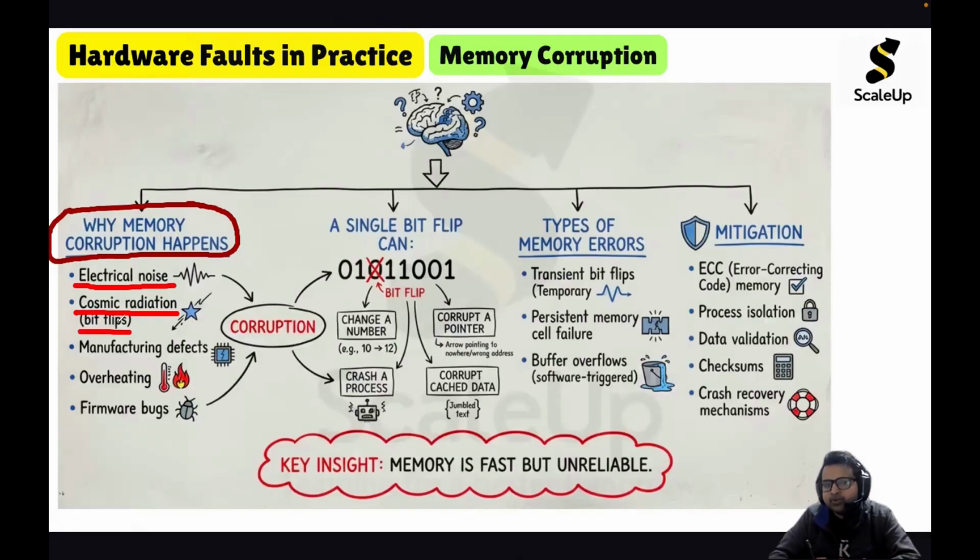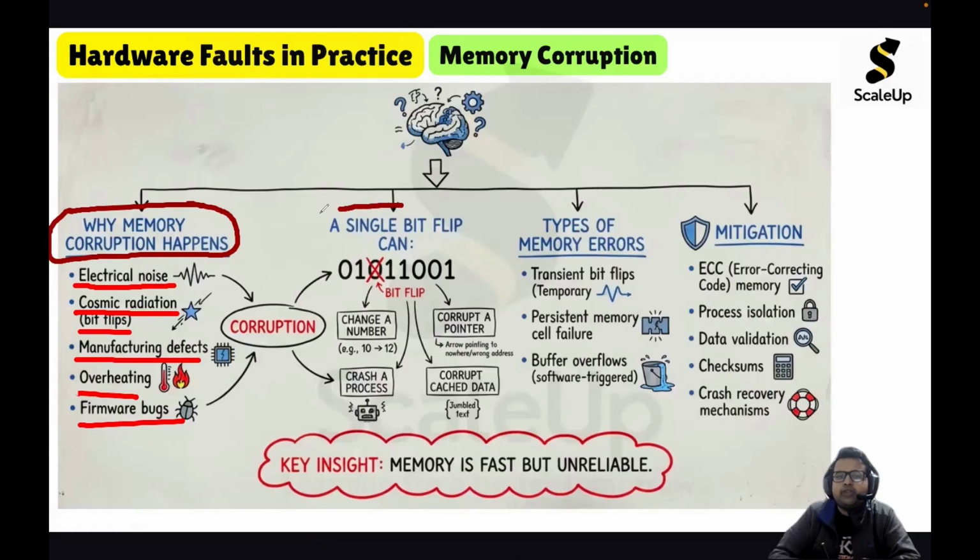We call that bit flips. Memory corruption might also happen because of manufacturing defects, overheating, or firmware bugs. So these are some of the common reasons for memory corruption: electrical noise, cosmic radiation, manufacturing defects, overheating, and firmware bugs.